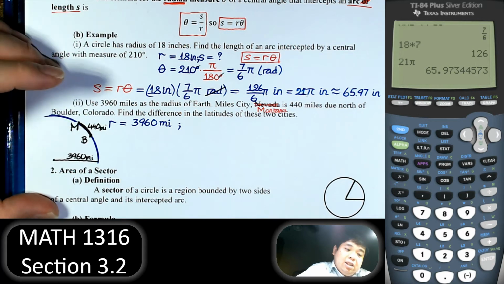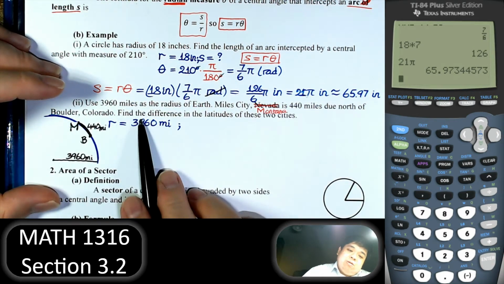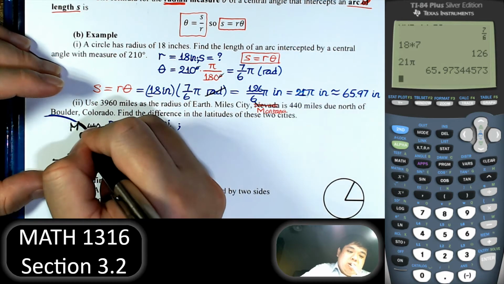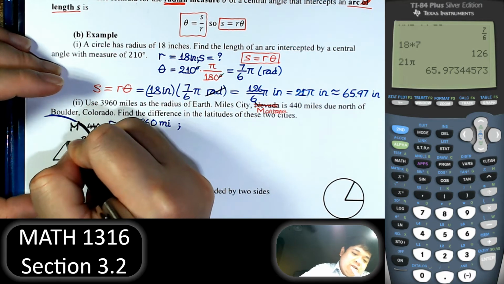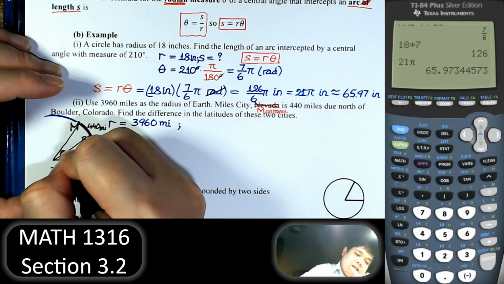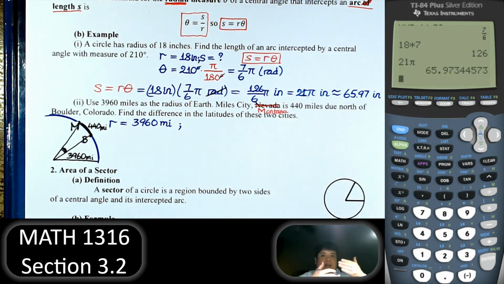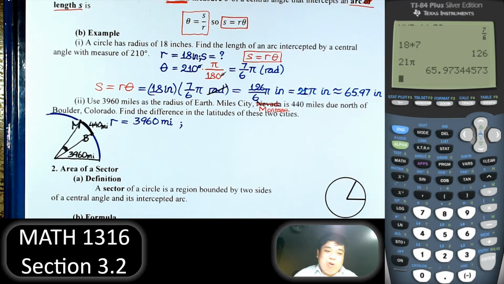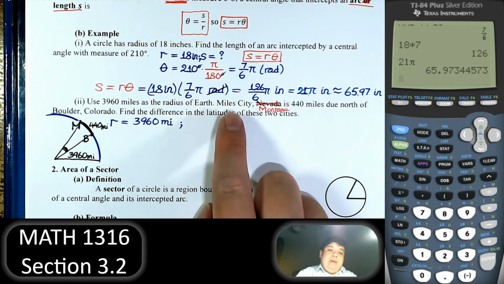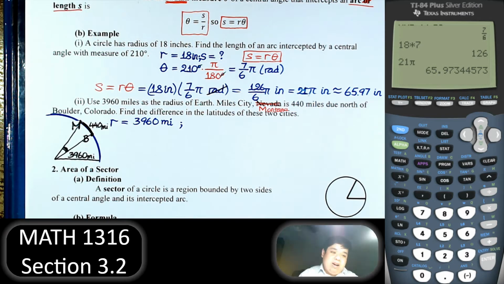They said find the difference in latitude. So pretty much they asked what would be the central angle here. It works because it is directly north. If it is off a little back and forth, then it will not work. That's why I had to go back and check with Google Maps. Since Miles City is directly north of Boulder, we can find it.